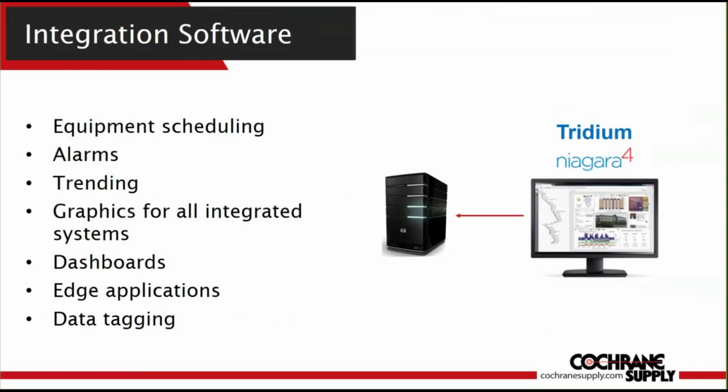So this is where all the equipment scheduling can be done. All your trends will be set up here, any alarms, all the graphics, like I mentioned before, any dashboards that the owner may want. So a C-level guy may want to walk in and just see certain things, right?